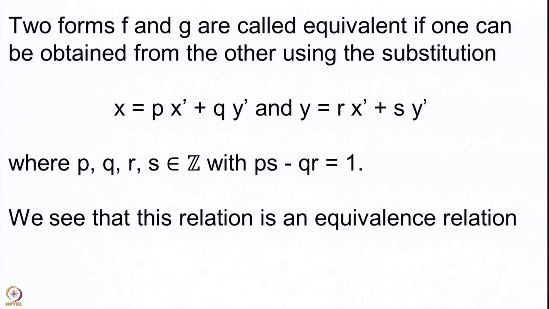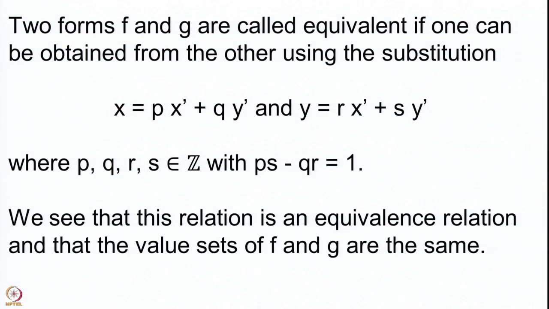That means the relation satisfies reflexivity, symmetry and transitivity. Okay. So, this is of course an equivalence relation, and further the value sets of f and g remain the same. So, we will see this in our next lecture, which we will continue on the same theme.